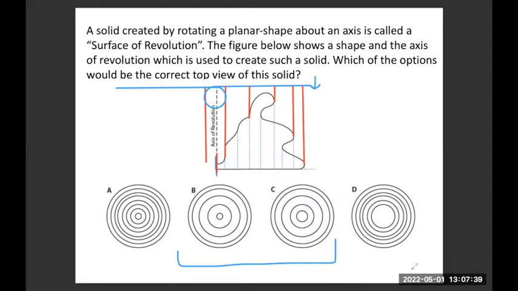So out of the B and C, which one will I eliminate? Can anybody tell me which one will I eliminate from B and C? If I ask you to look at the proportions, can you get something from that? So, one is a smaller circle, which we see here. One is this length, one is this length. And then there's a slightly shorter length here.